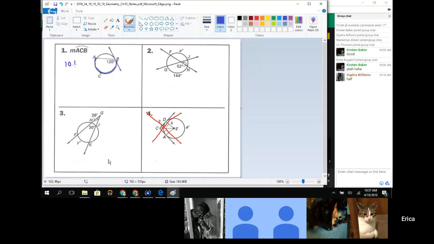Because we have a tangent and a chord that intersect, and they form an angle that tells us the measure of the arc. Our angle is right here. It's 120 degrees, and we know that 1/2 of the arc measurement equals 120 degrees. So that means the measure of arc ACB is 240 degrees.